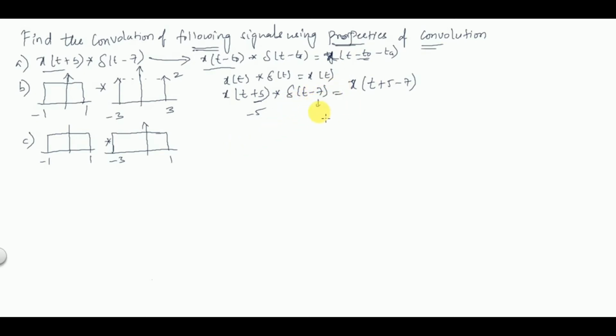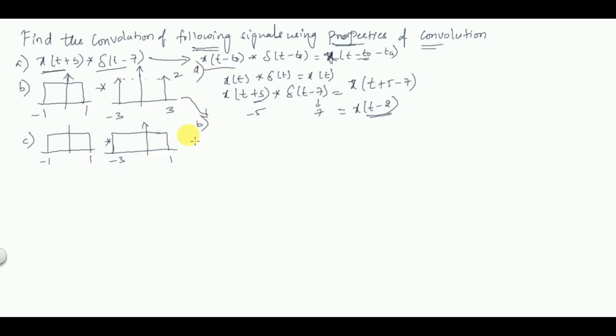So x of t minus of minus 5, which is plus 5, minus 7, gives x of t minus 2. This is the answer. If you are given a signal like this, you can use the property of the impulse in convolution. That is for part A.